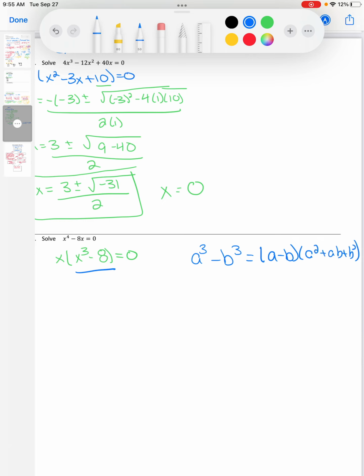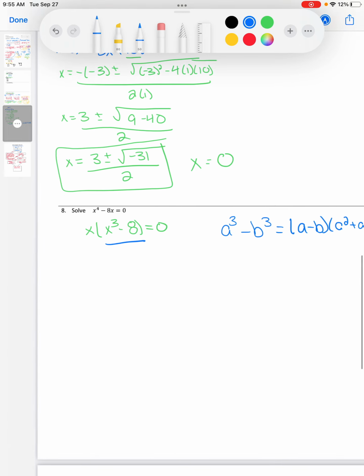So we'll just use that. So we got x, and then we have, what's b? Is b 8? No, it's 2. So we have our b value is 2.